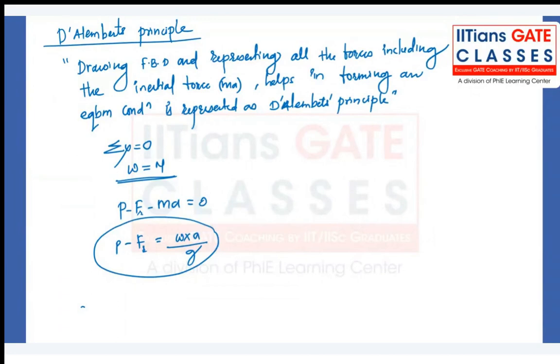So I would say in the dynamic problems where, let's say, acceleration is given or is supposed to be calculated, under such situations you can go for D'Alembert's principle, because we have an acceleration term in the formula of the inertial force, mass times acceleration. So if the mass of the body and the acceleration are given, or the acceleration is supposed to be calculated, then you can use it.